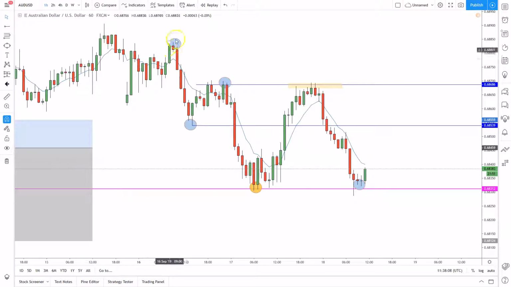I identified that there was a high. This was around about 16 September. So this is a high, also a 3-pin formation: 1, 2, 3. There was a high, then there was a low here. I'll pull this up.